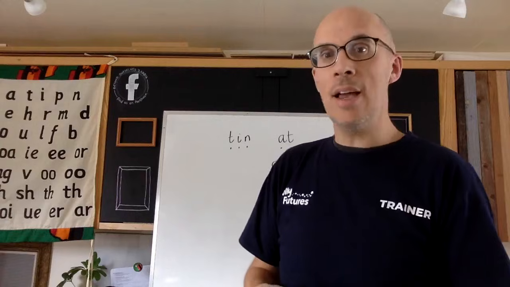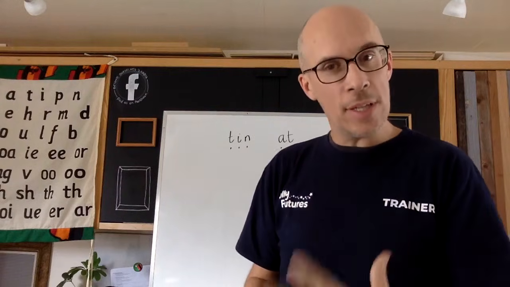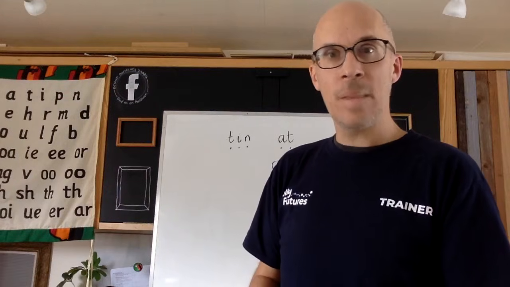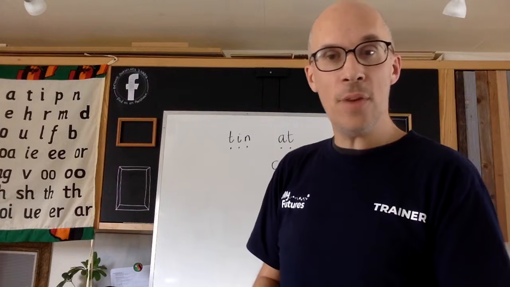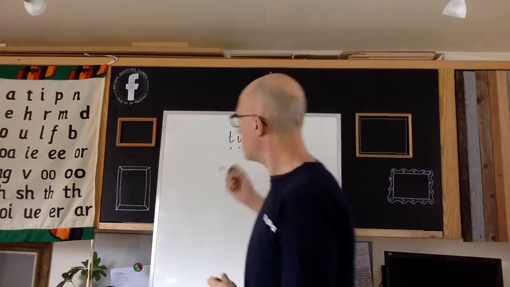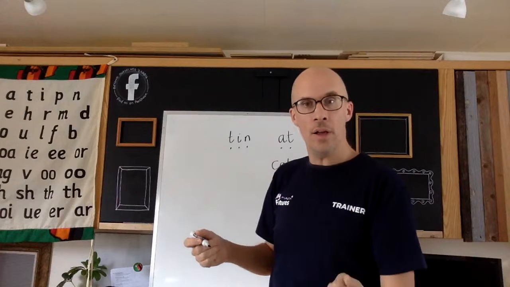So let's say I want to write the word hen. Then I need to think, well, what's the first sound that I can hear in the word hen? So think about this for yourself. Hen, the first sound that you can hear is h. Okay, if I've learnt these sounds already, then I know what h looks like.